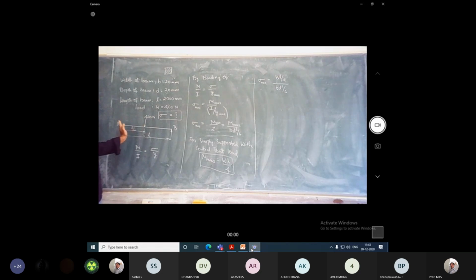It can be a cantilever beam with end load. There you should know the moment equation is W into L, the maximum moment equation. So note down those moment equations first, otherwise you cannot solve problems here.